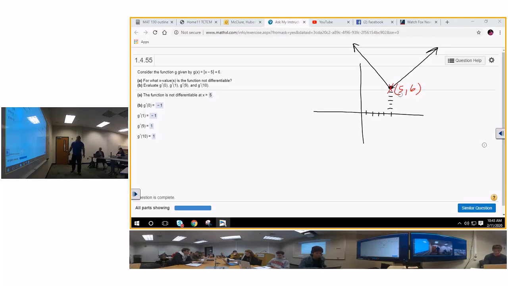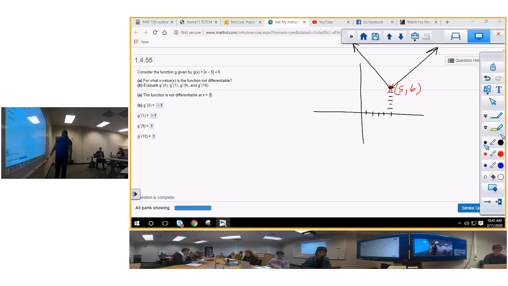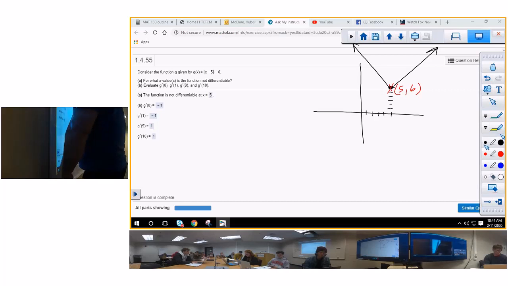So what does B say? Evaluate g prime of 0, g prime of 1, g prime of... well, first of all, you have to find the function g of x, with the absolute value of x minus 5. And remember, if you're trying to find the absolute value, you set it equal to the positive and the negative.